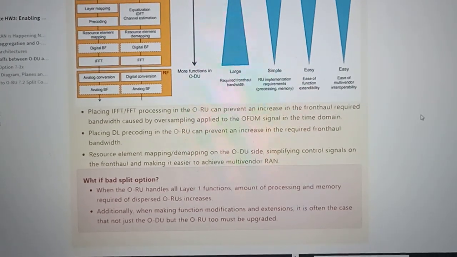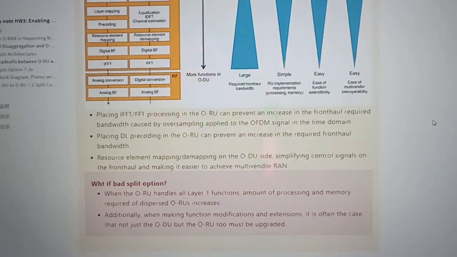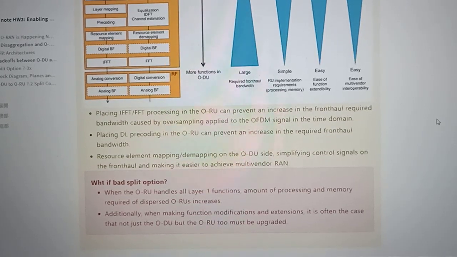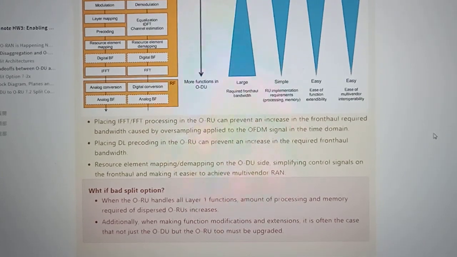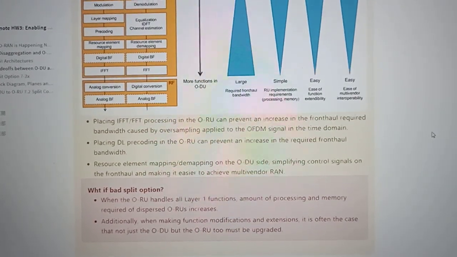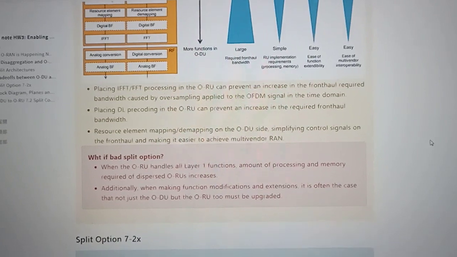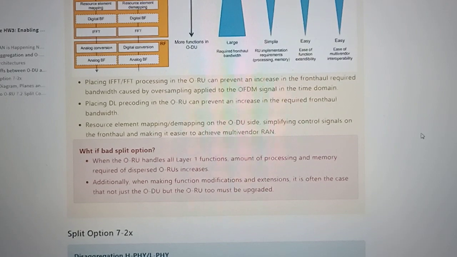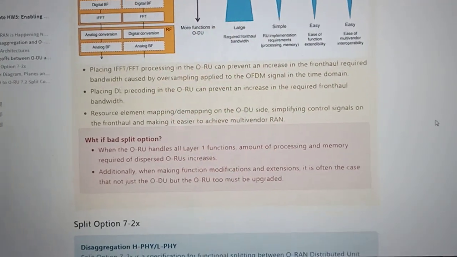And like the resource element mapping, the mapping on the O-DU side is better for the gNodeB to simplify the control signal on the Fronthaul. And the high-layer split option, like we said previously, will affect the efficiency of the gNodeB.